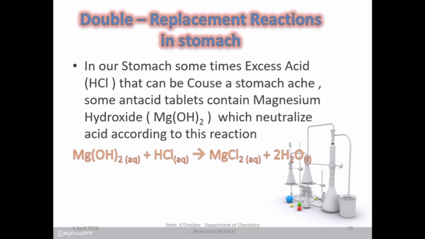We take Mg(OH)2, some tablet, to neutralize the acid according to this reaction. Mg replaces the H and H replaces Mg, and we will get MgCl2, the neutral compound, and H2. The acid is here, and it disappears.